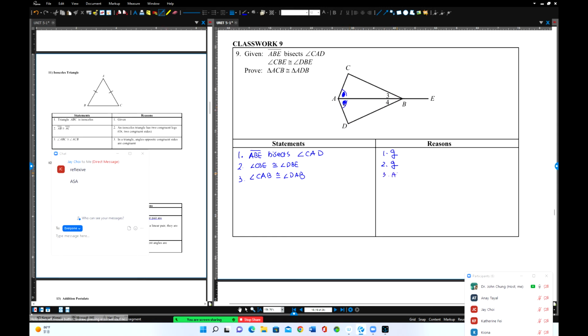The reason is the angle bisector divides one angle into two congruent angles. You got the angle already. You got side AB and AB, right? That's reflexive.